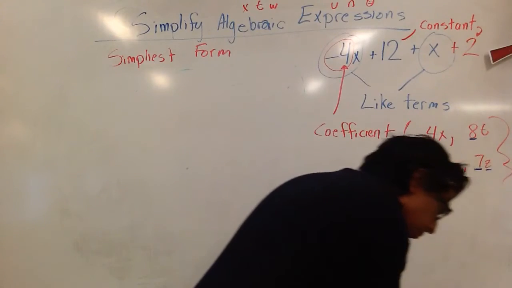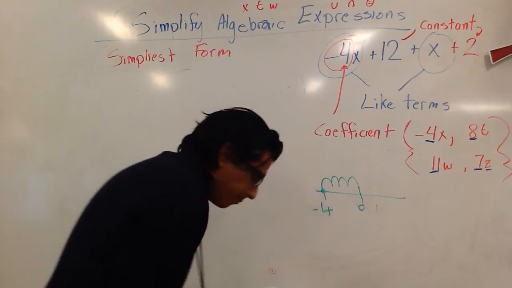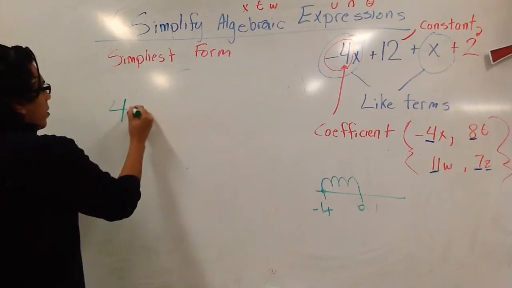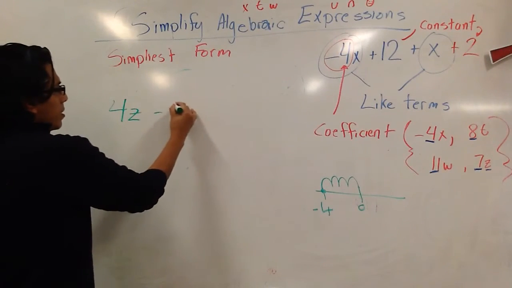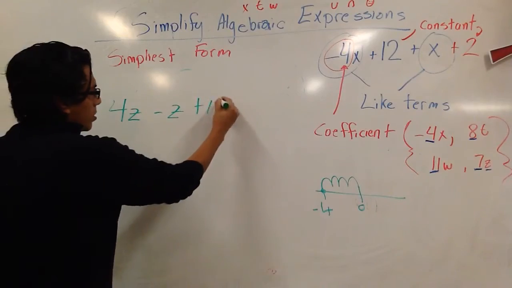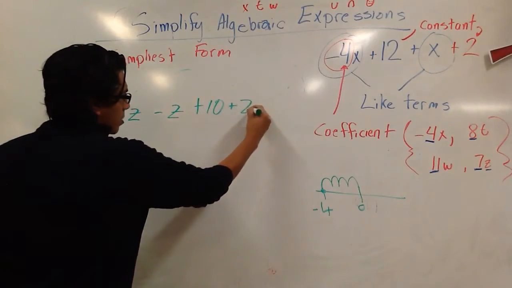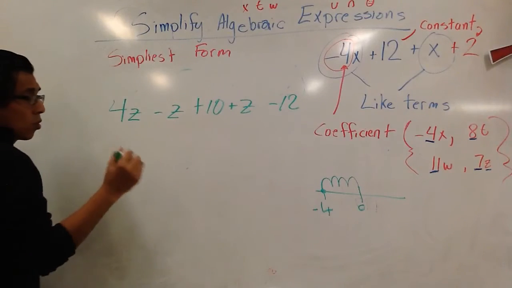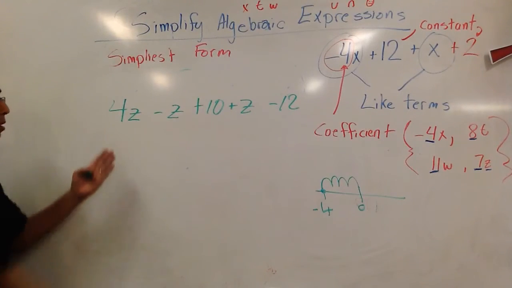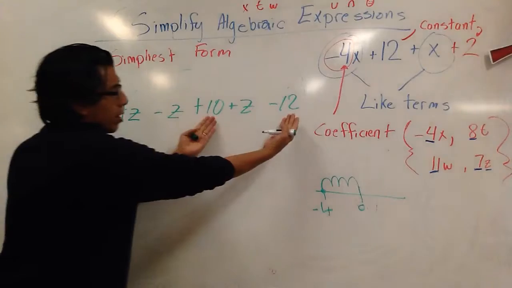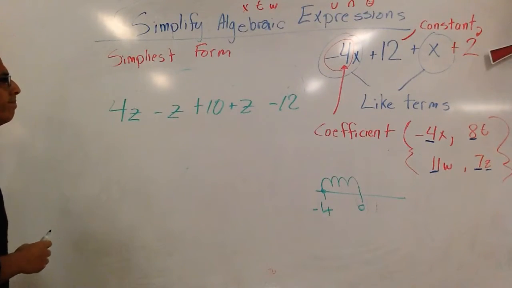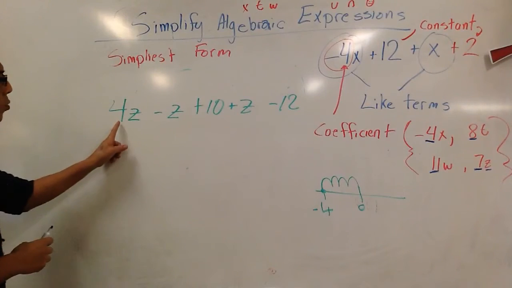All right, try this one. How about 4z minus z plus 10 plus z minus 12? All right, where are your like terms? My z's, my constants. Where are my coefficients? Just one.